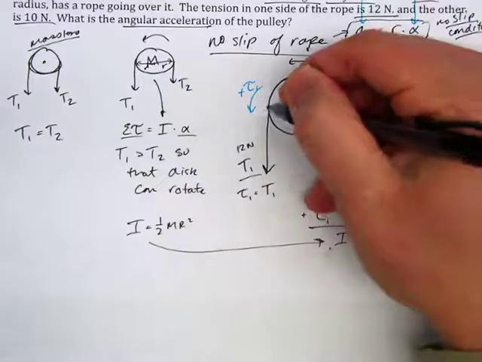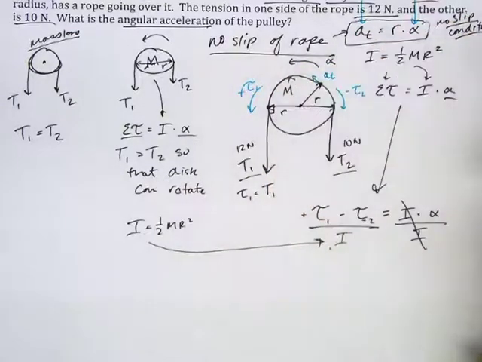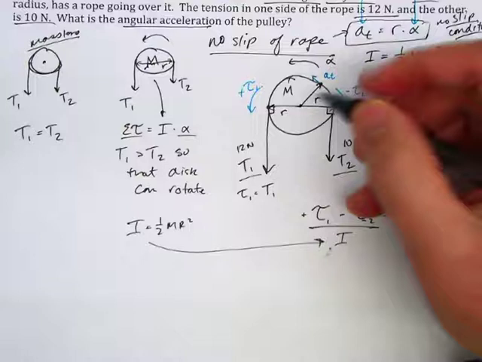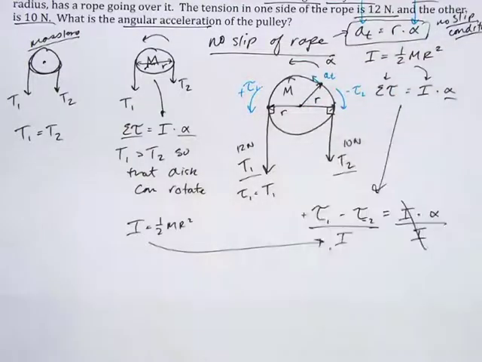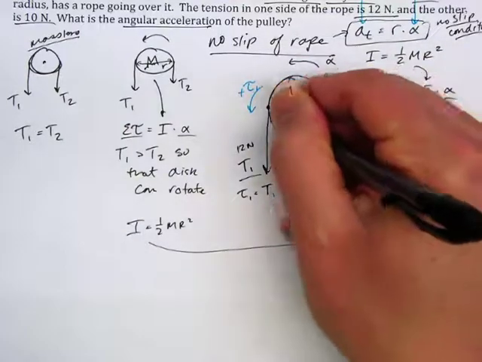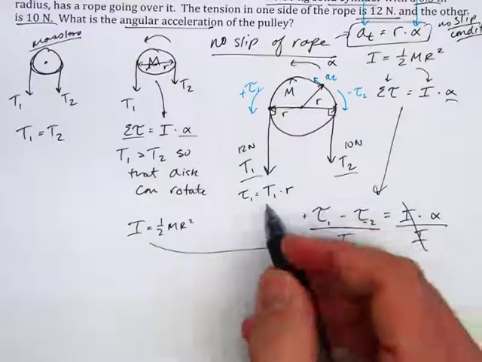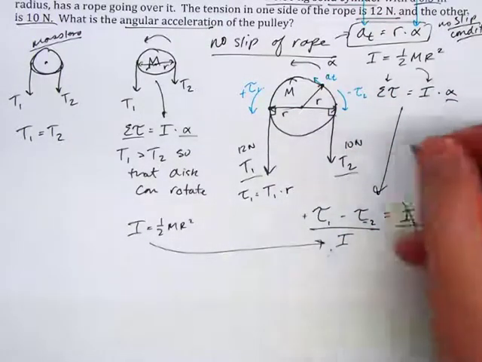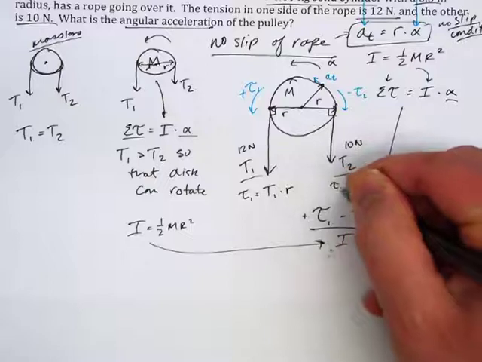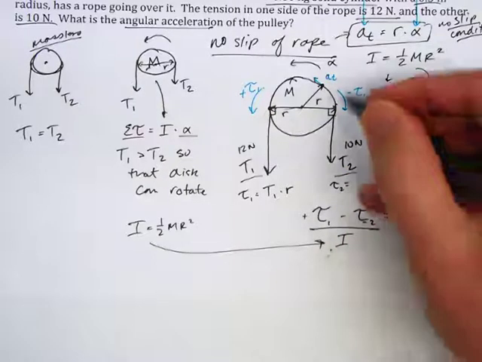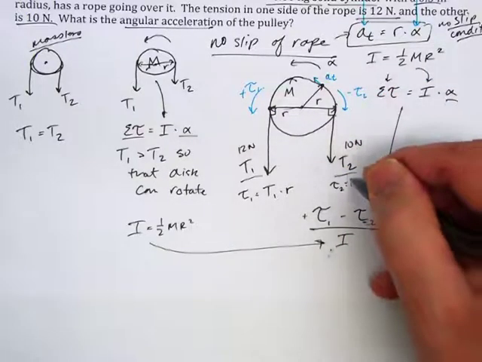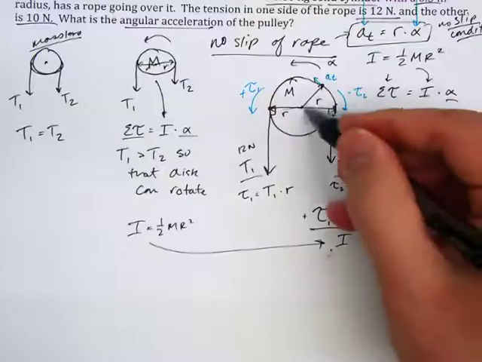At this point, T1 is perpendicular to R, and T2 is perpendicular to R, so I don't have to find the perpendicular component. I just go out R, down T1, so T1 times R is my torque exerted by 1, and the torque exerted by tension 2, again at 90 degrees, will be T2 times R, same radius.